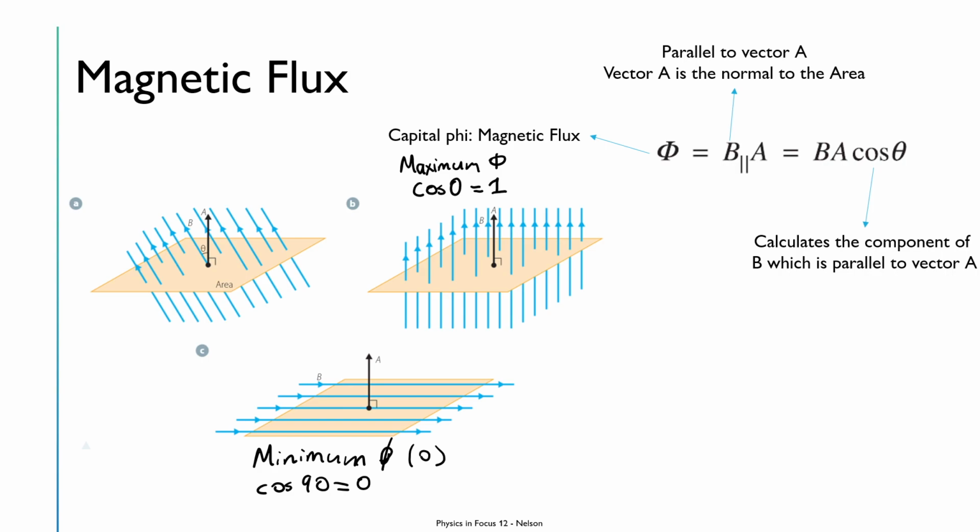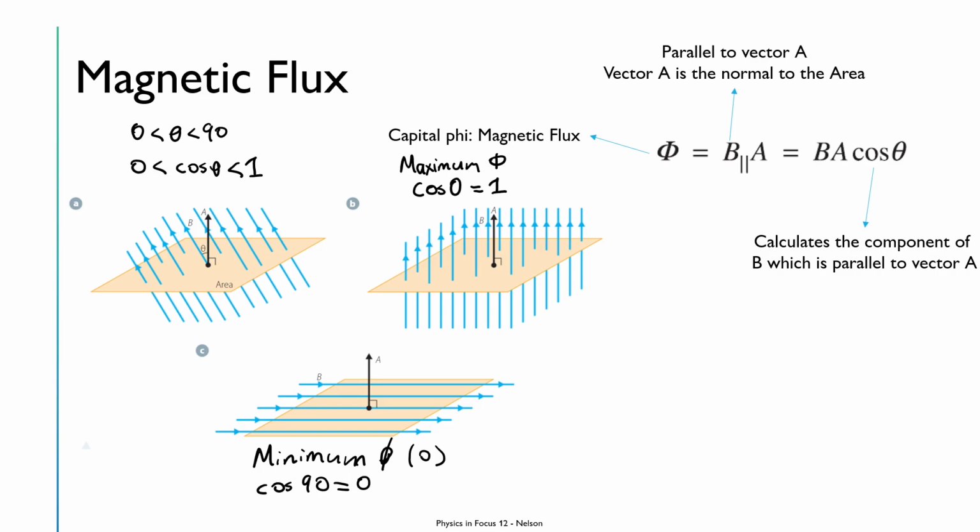And in scenario A, we get a little bit of a mixed bag and a range of fluxes that could occur, not the maximum, not the minimum, but rather everything in between. And this is because you're going to end up with an angle in scenario A that is greater than 0 but less than 90. And as a result, when you substitute that into cos theta, you're going to get a value which again is greater than 0 but less than 1.